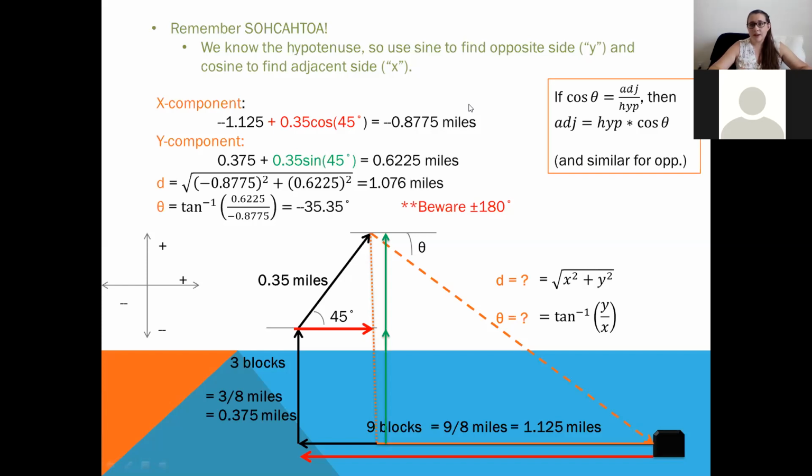Graphically adding vectors together, you add them together tip to tail, and then your displacement or your resultant vector kind of completes that shape, whether or not it's a triangle. Okay, it's looking like there are no questions coming in.